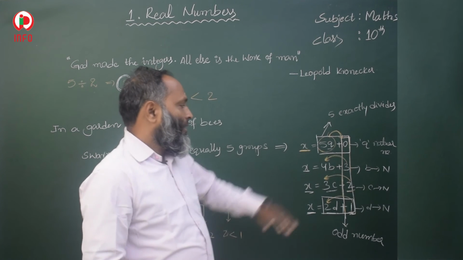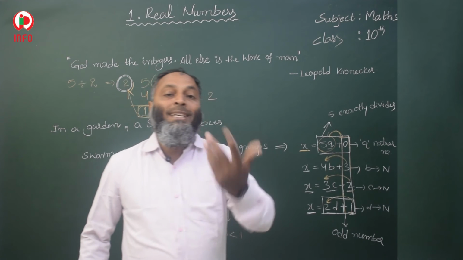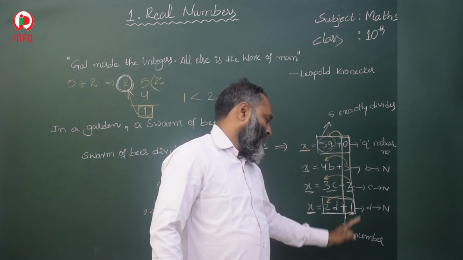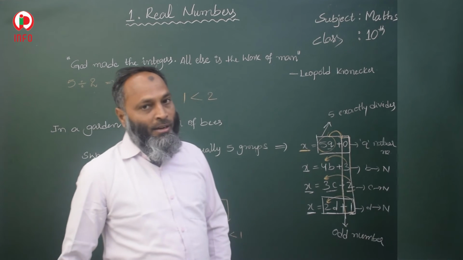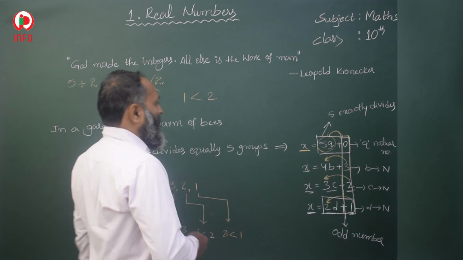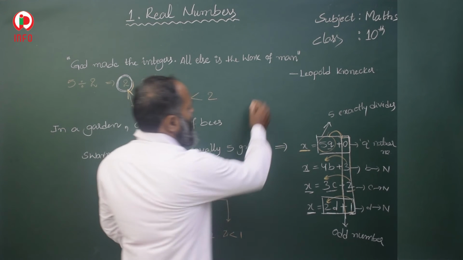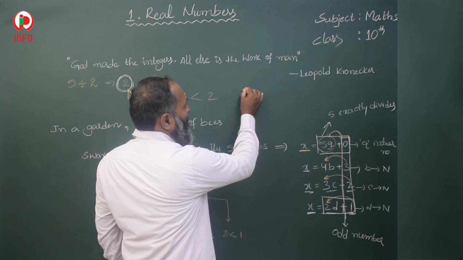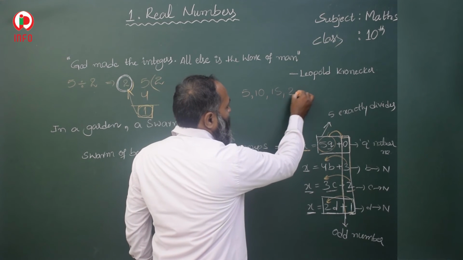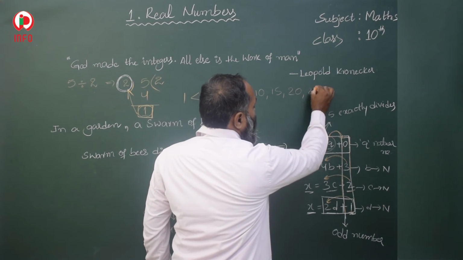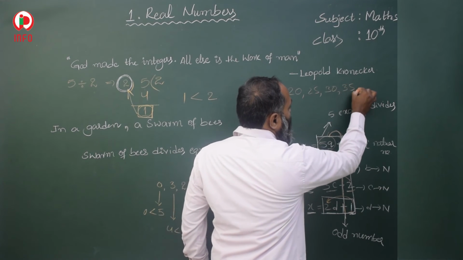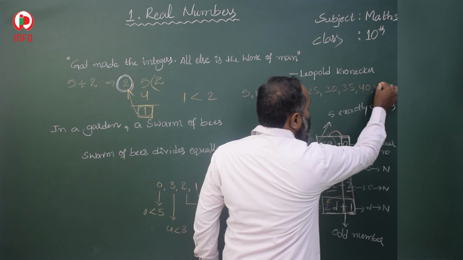On the basis of these two conditions, we should select a number. The number should be exactly divisible by 5 as well as be an odd number. So in the 5 table we should select such numbers. What are the multiples of 5? 5 ones are 5, 5 twos are 10, 5 threes are 15, 5 fours are 20, 5 fives are 25, 5 sixes are 30, 5 sevens are 35, 5 eights are 40, 5 nines are 45.